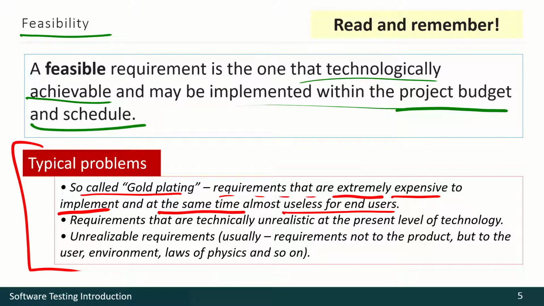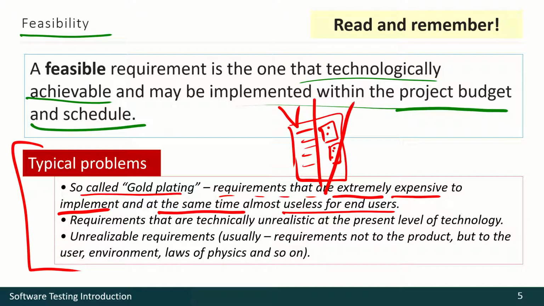The good example was provided a couple of minutes ago. It was about a text editor with a video player inside, or maybe even a video editor inside. If we are concentrating on the text editor only, this is extremely expensive and absolutely not needed here.